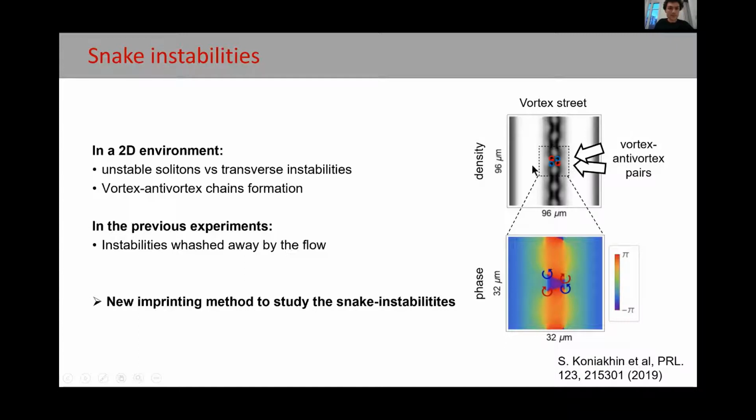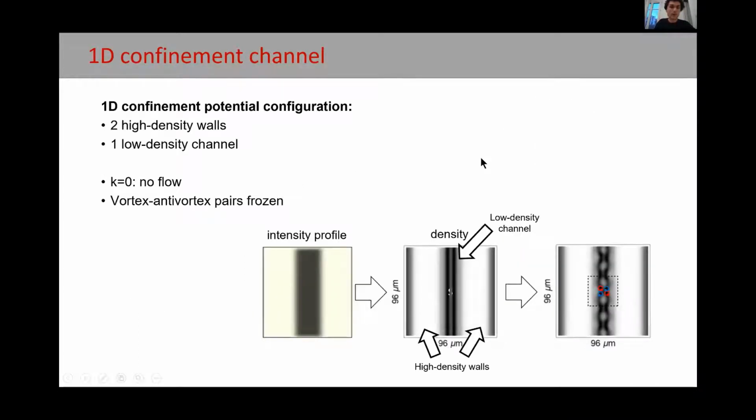The new technique consists in digging into the fluid a confinement potential. This confinement potential has the shape of a 1D low density channel between two high density walls. For a given channel density and wall density, we can make a dark soliton pair appear inside this channel. Now we inject the photons at k equals 0, so there is no more flow.